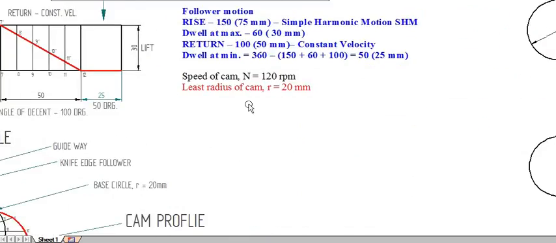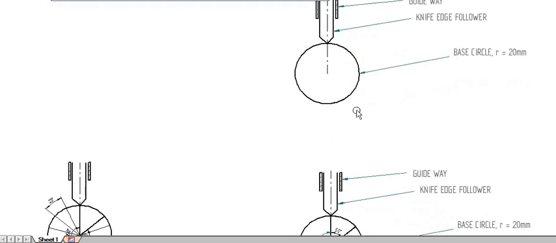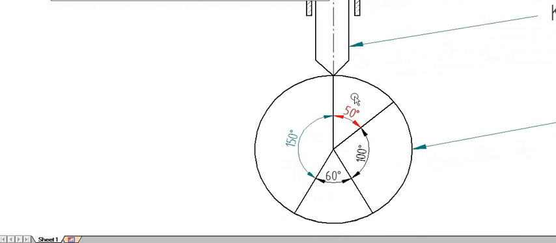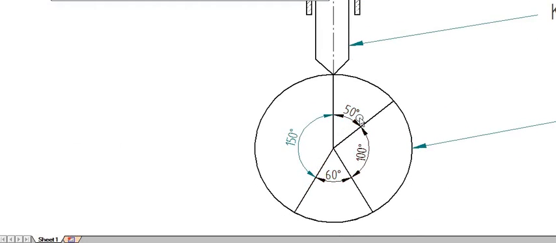Okay. So the partition I have made: 150, 60, 100 and 50. You can take the partition in any direction. I have taken the counterclockwise direction. If it is mentioned in the question clockwise or counterclockwise, you can take it like that. Here I am taking the counterclockwise direction.